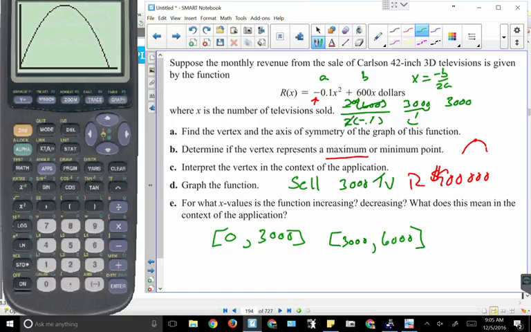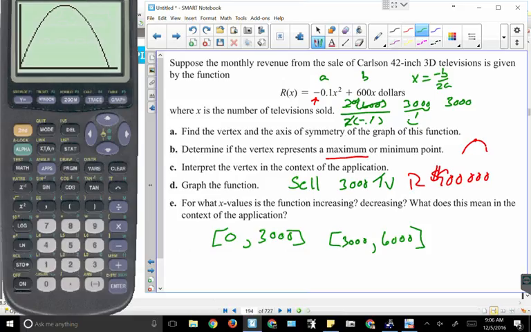Doesn't quite make sense that if you make 6,000 TVs, that it goes down, does it? You think the more TVs you sell, the more money you make, right? For whatever reason, their function says that this is what happens with their TVs. Maybe it's market saturation.